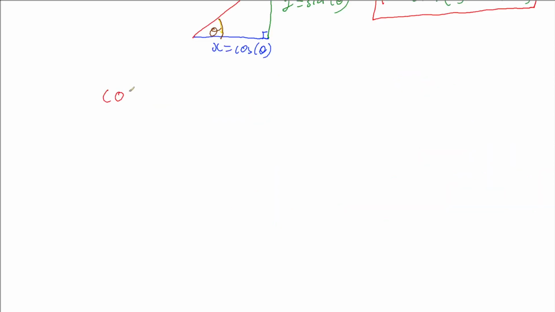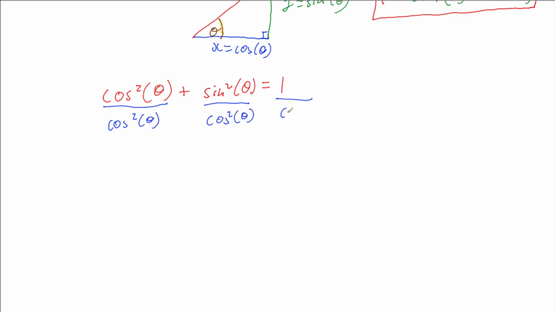So if I write my basic Pythagorean identity, cos squared theta plus sine squared theta equals 1, and I divide both sides by cos squared theta, so I've got to divide everything by cos squared of theta.